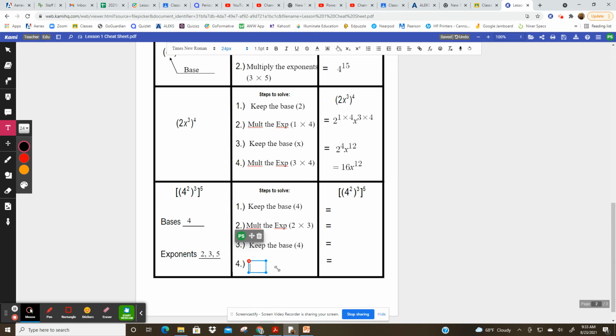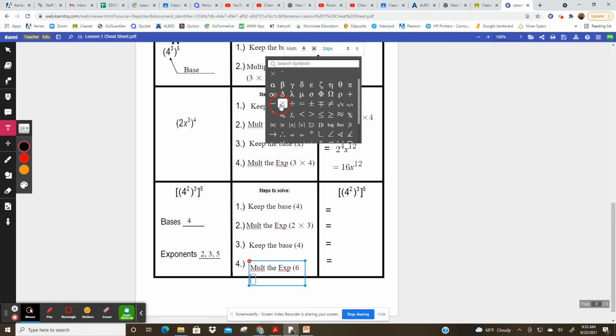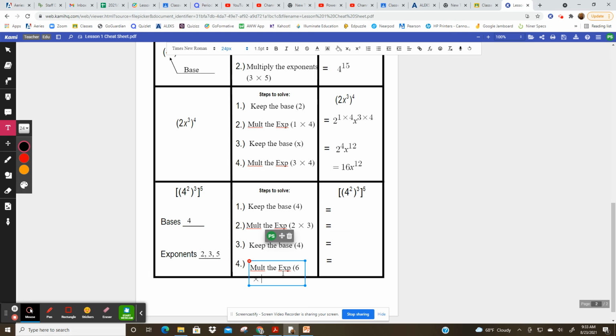And then we have to multiply some exponents again. So we've multiplied the 2 and the 3, which we get a 6, and then we have to multiply that by the 5 out here. So multiply the exponents, and that is 6 times, and I'm going to exit out of there, 5, close the parentheses.